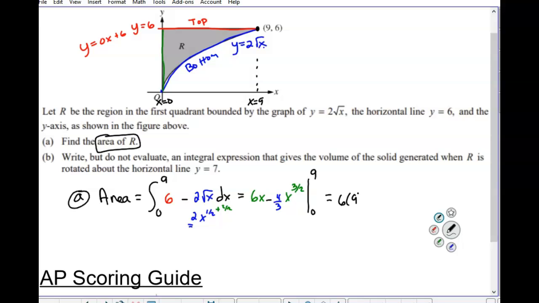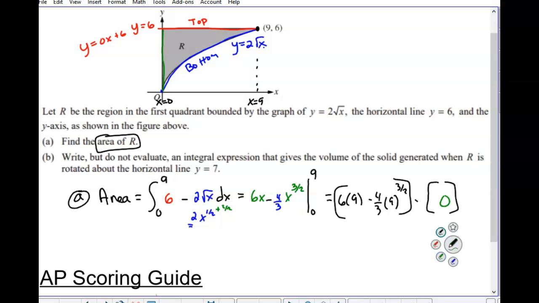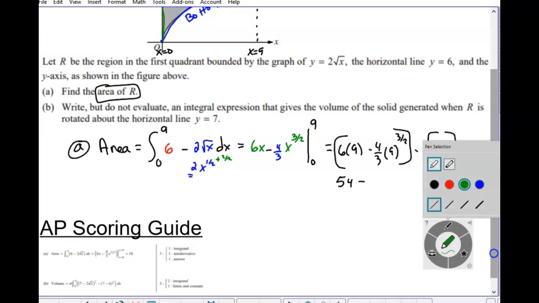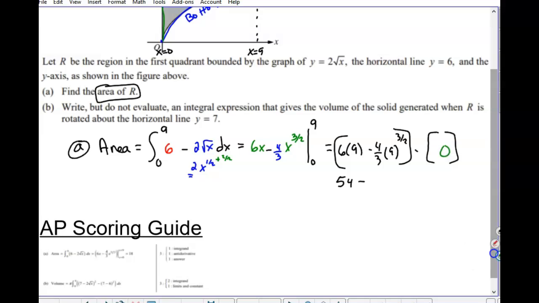And now we got to evaluate it from 9 to 0. You do not have to show the 0 because when I plug 0 in for x, everything is going to be 0. So you could skip that part. And then we get 54 minus, and this is where I hope you guys can do some of this in your head now. I'll show you what I'm thinking in my brain. I've got 9 to the 3/2 power. So I'm thinking of it as 9 to the 1/2, which is the same as the square root.